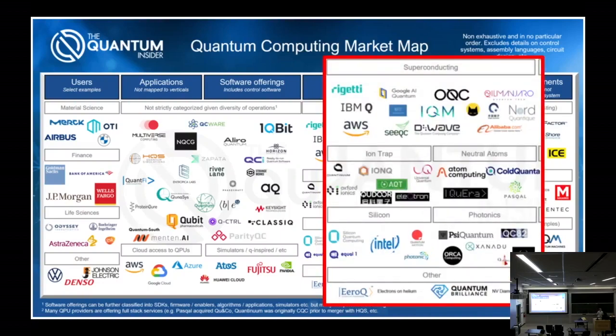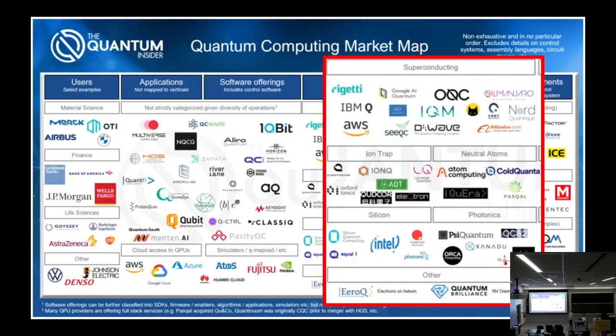And so when we dig in and look at companies, startup companies mostly, that have grown up around actually building quantum computers, they've all kind of put a stamp on a different qubit platform. So you can see the different platforms that you all will learn about over the course of your project. There's superconducting qubits, a whole range of companies that have said, we believe this is going to be the path forward.